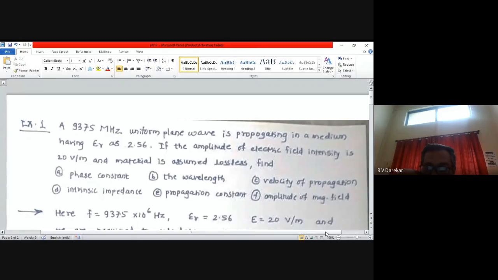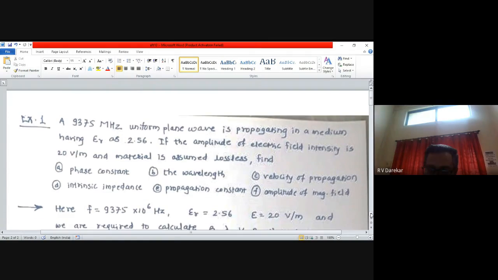We had denoted it by beta. Everybody knows that wavelength is termed lambda. Velocity of propagation is denoted by small v. In the same way, intrinsic impedance is eta. The propagation constant is gamma, and the amplitude of magnetic field will be H.